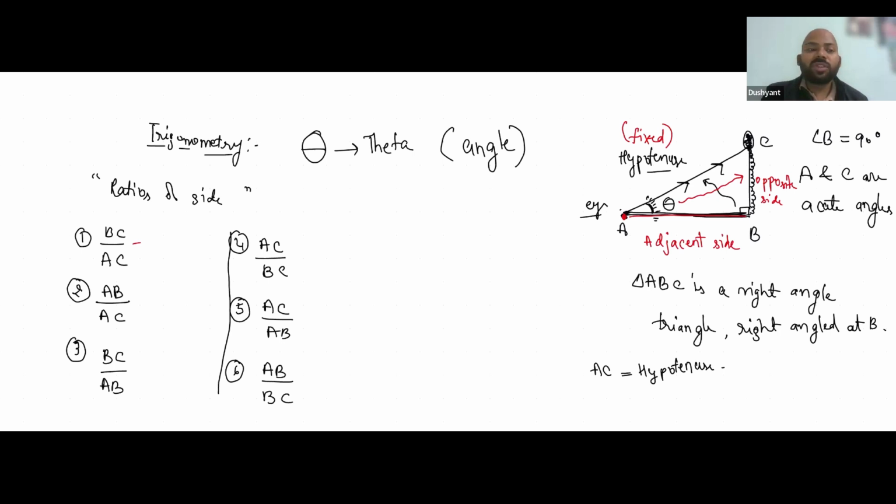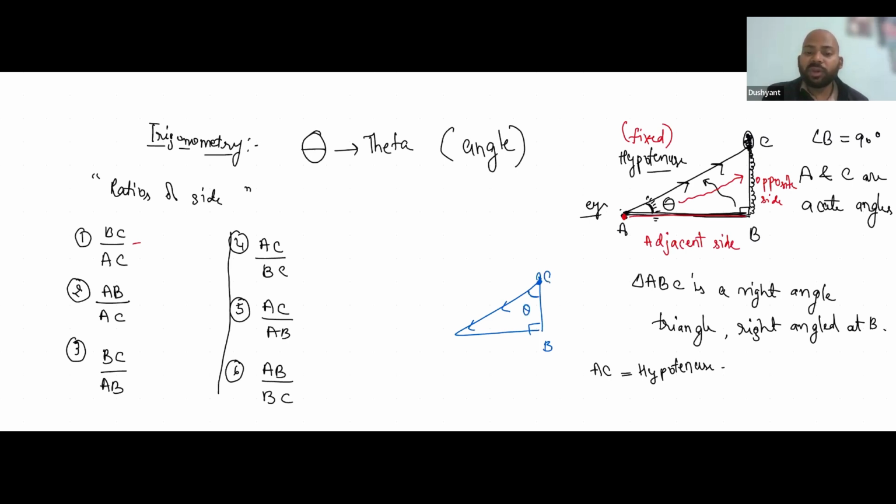But just think about it. If I take the angle C, the same situation is there. I'm taking, let's suppose, angle C now. Angle C is given. In that case, the hypotenuse will be fixed.